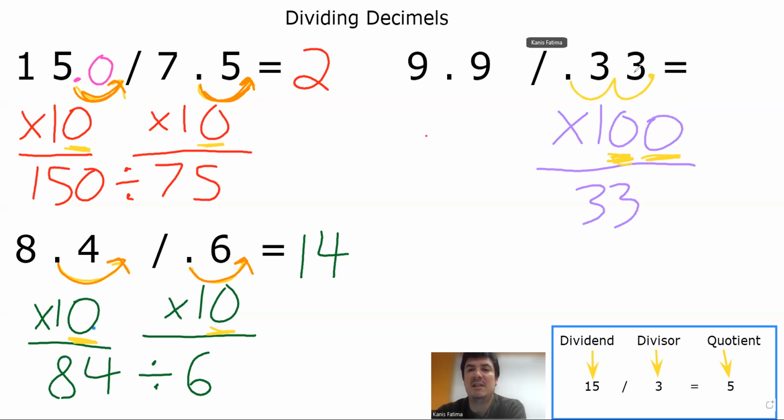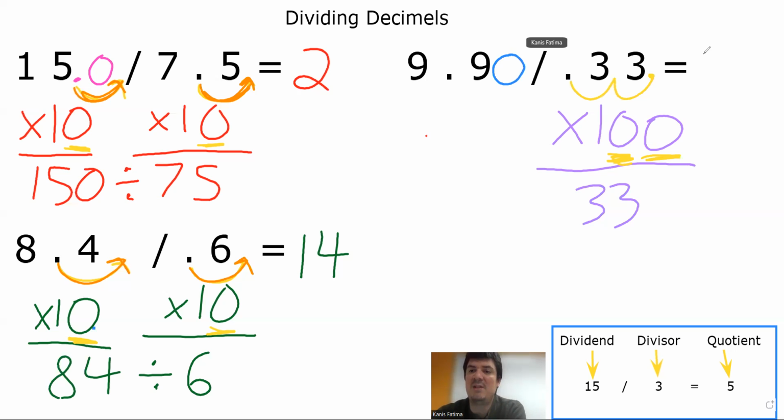Now again, since I moved the decimal spot two places on my divisor, I just move it two spaces on my dividend. Remember, 9.9 is the same as 9.90.